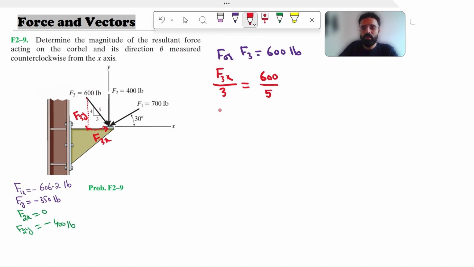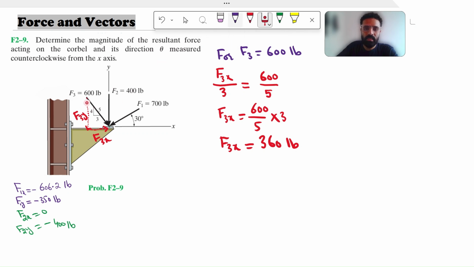So I will be doing calculation for the F3x. So shifting this 3 to the other side, 600 divided by 5 multiplied by 3. So the F3x value will be equal to 360 pound.